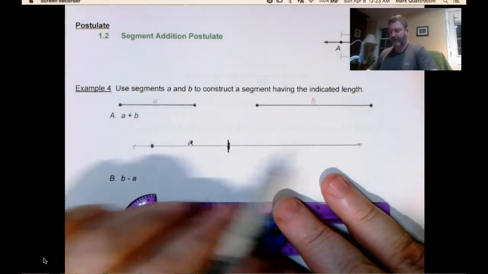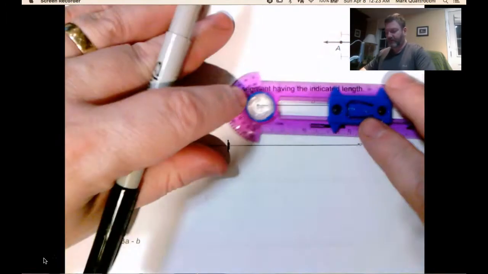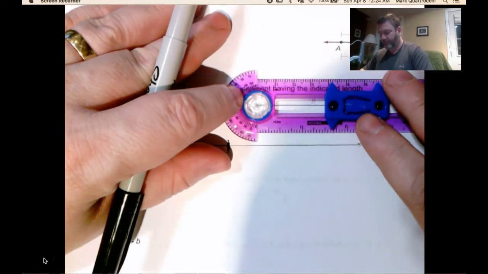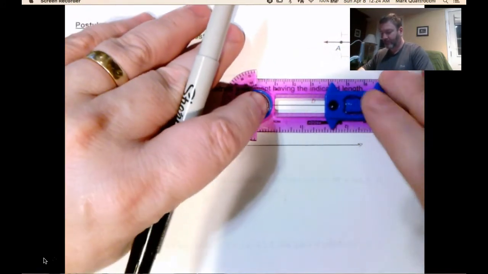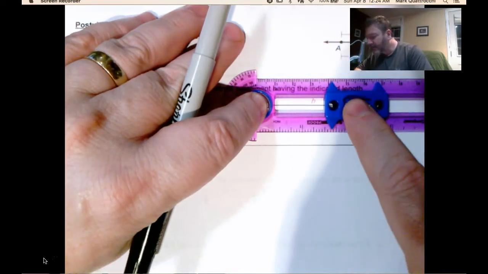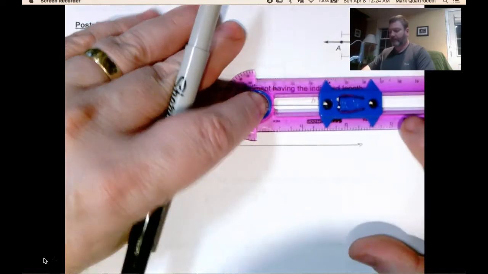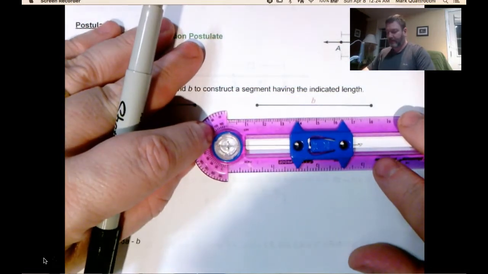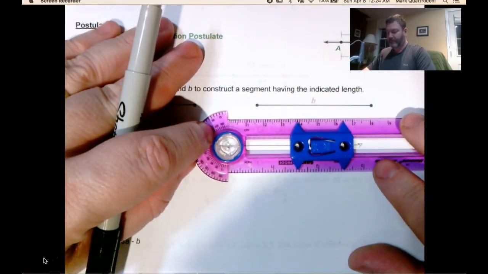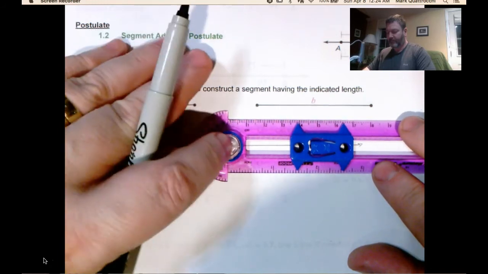And off of that, I need to make a copy of segment B, so that I have added these together. There we go. Set my length to the length of B. Reset my radius.